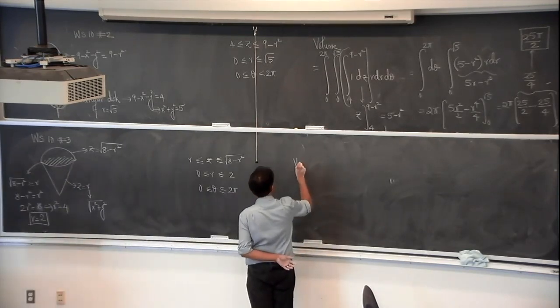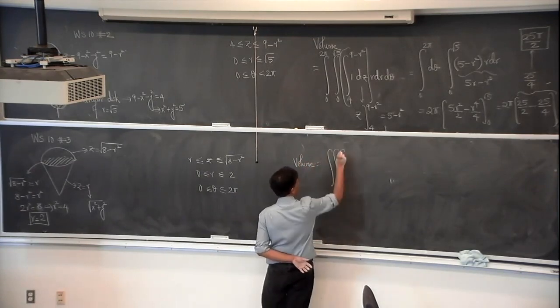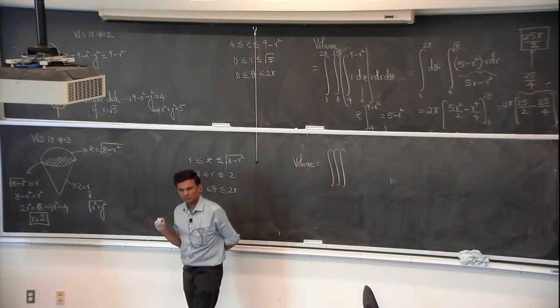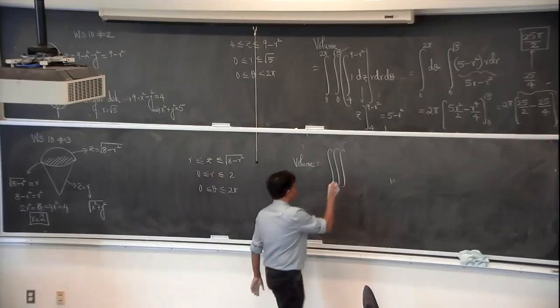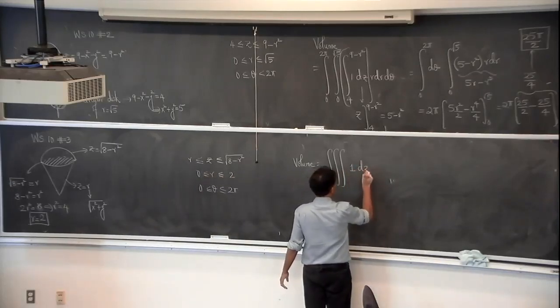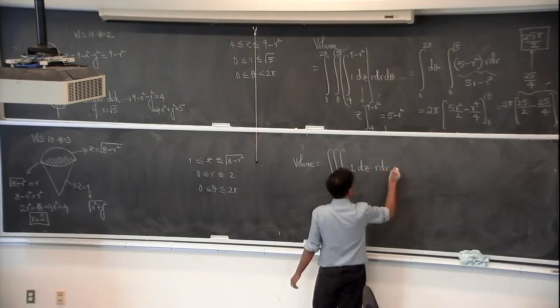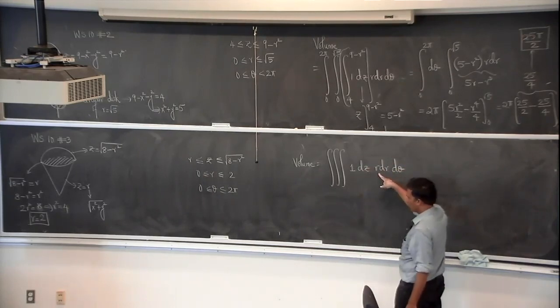All right, so the volume is, what should we integrate again? 1. dz r dr. And please don't forget this r. In this problem it will create a whole lot of unnecessary problems if you forget this r.